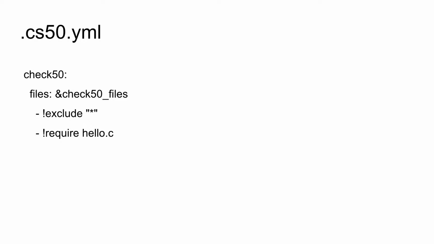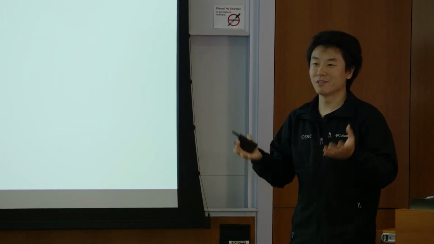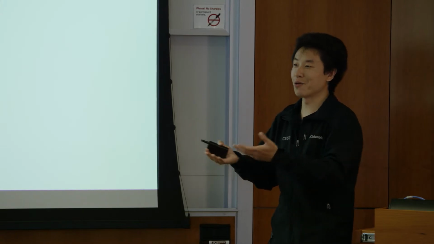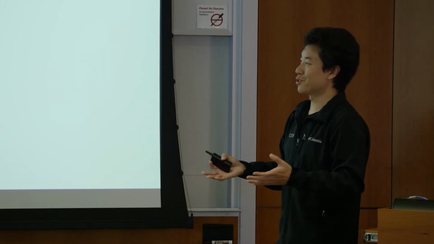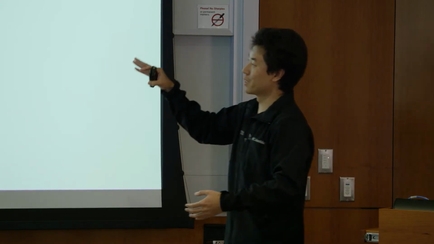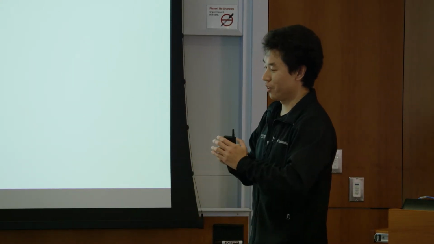For example, here, the syntax might look a little bit cryptic at first, but let me explain what it means. The !exclude "*" means first we want to exclude everything. Let's say students have other files within their assignment folder. When you run check50, you don't want to collect all those files and run check50 on them. So the first rule basically tells check50 to first ignore everything.